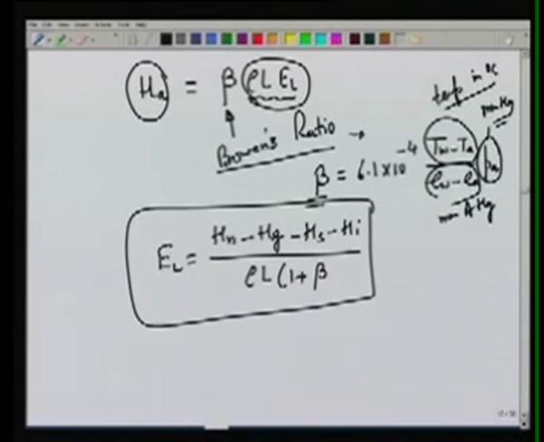And as we have discussed, all these four quantities are comparatively easier to measure, and therefore obtaining EL from this equation is quite straightforward.